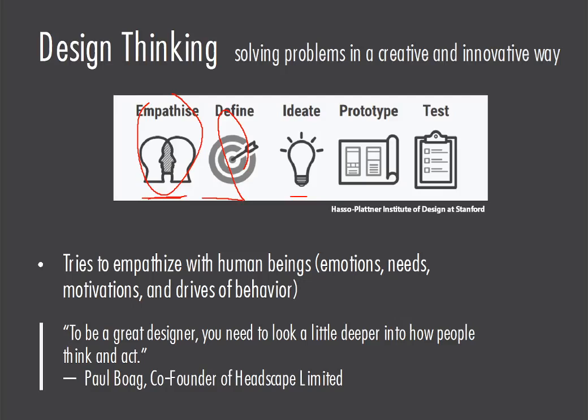A prototype means a working product similar to the final product, and then test them to see how it works. And if it's not working, you have to fix the bugs. That's the testing step.